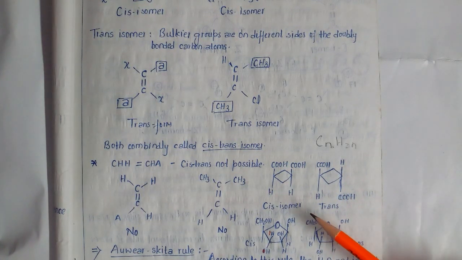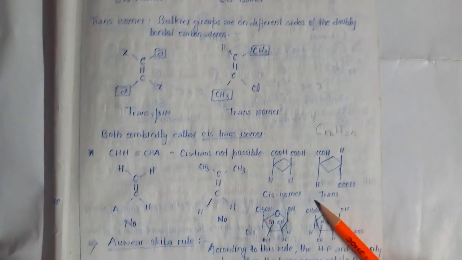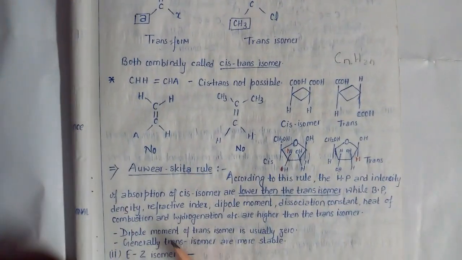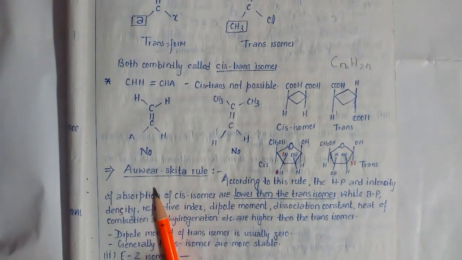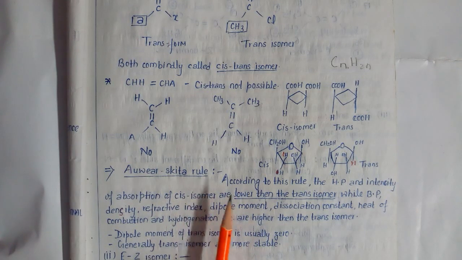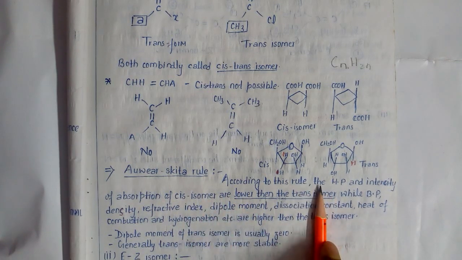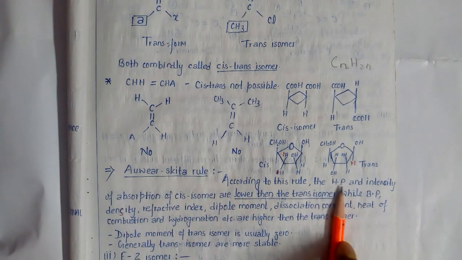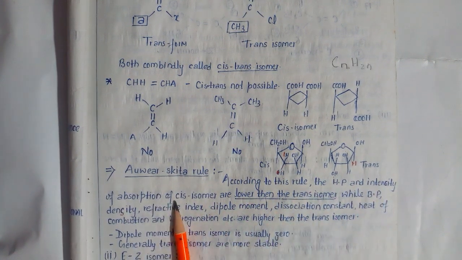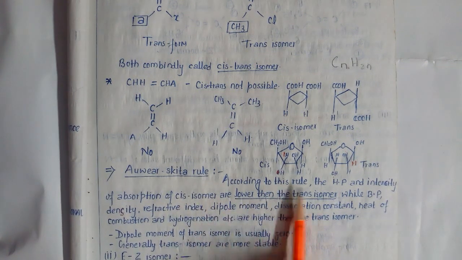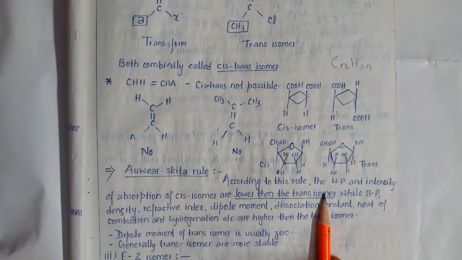Related to the physical and chemical properties of cis and trans isomers, there is a rule called the Auwers-Skita rule. According to this rule, the melting point, MP stands for melting point, and the intensity of absorption of cis isomers are lower than those of trans isomers.